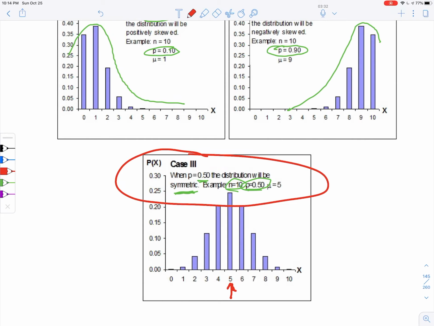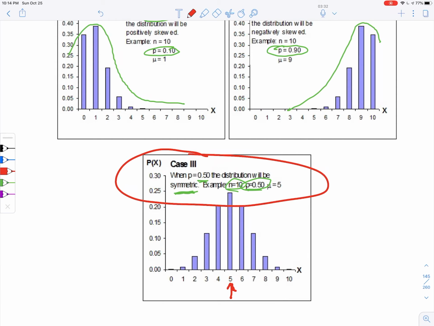If I was to ask you, what's your best guess as to how many heads you would get, you would say, well, with a 50-50 chance, it should turn out to be half of 10, which is 5. That's how we calculate the mean.